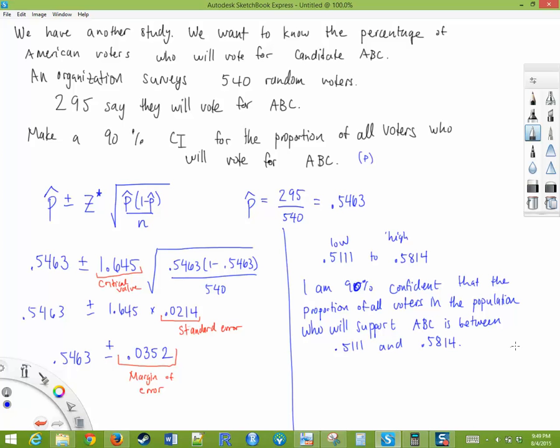So here's a question. Are we confident that candidate ABC will win? 90% confident that he will? Yeah, we're over 90% confident, because to win you just need at least 50%. And what do we see? We see 50% is not in the interval. So 50% is outside of the interval.